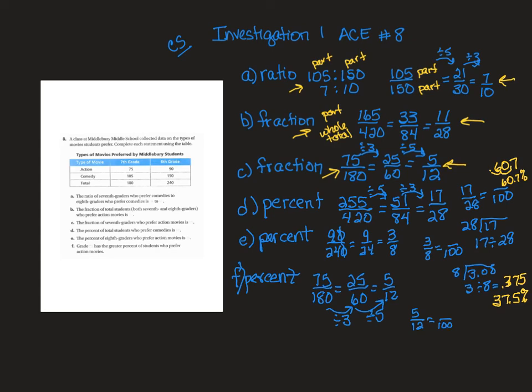I could do that, or I could say I'm changing this fraction to a decimal, and so I would do 12 divided into 5, or in my calculator, I would put 5 divided by 12, okay, and I would get 0.41666667.